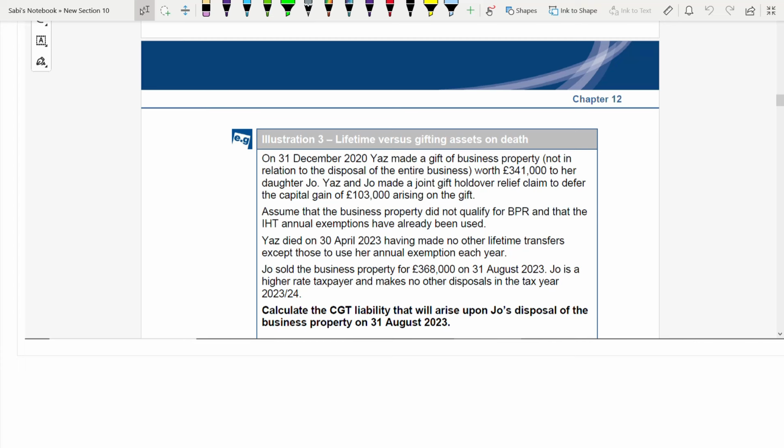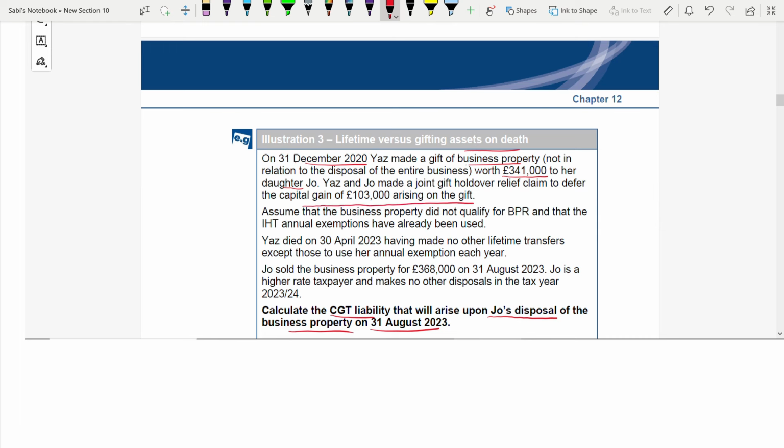Illustration 3, IHT payable. It's also lifetime versus gifting assets on death. Calculate the CGT liability that will arise upon Joe's disposal of the business property on 31st August 2023. On 31st December 2020, Yas made a gift of a business property, not in relation to the disposal of the entire business, worth 341, to her daughter. Yas and Joe made a joint gift holdover relief claim to defer the capital gain of 103 arising on the gift.